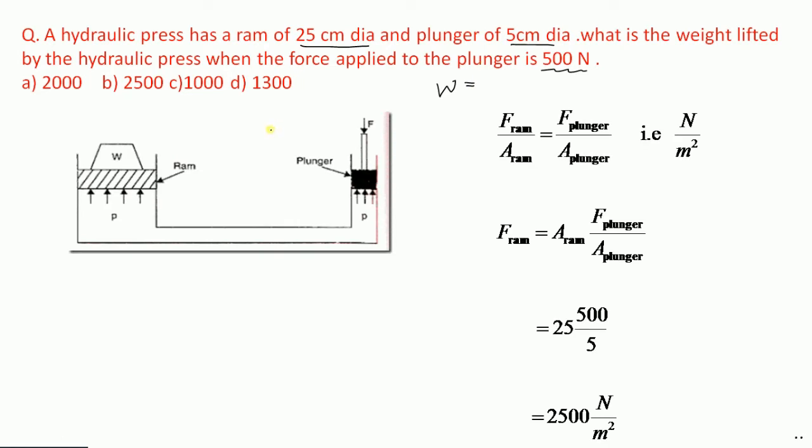So here we can see that there is plunger and there is a ram. So in hydraulics, the pressure exerted at the ram is equal to pressure exerted at the plunger. Therefore, we can write it as pressure at ram is equal to pressure at plunger.